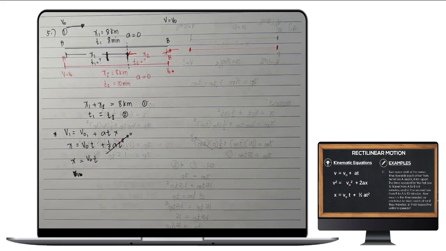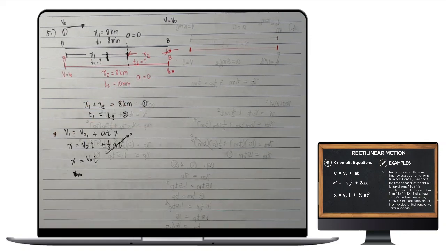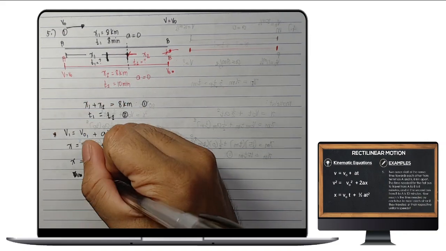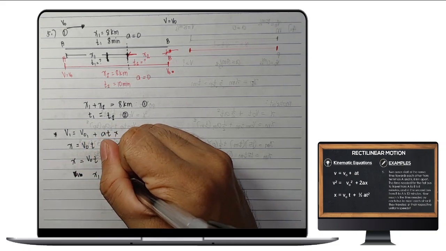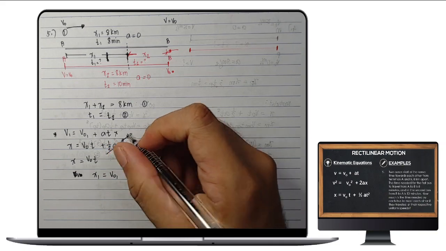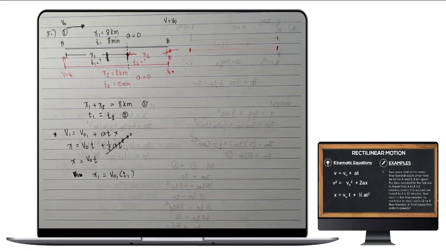Okay? So let's use this equation, x is equal to V0 t. So let's have x sub 1. Therefore, x sub 1 is equal to initial velocity of 1 multiplied by time of 1.